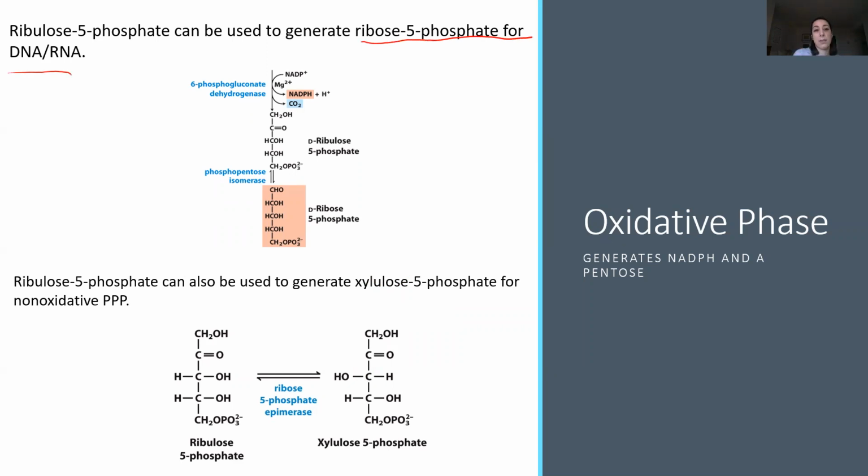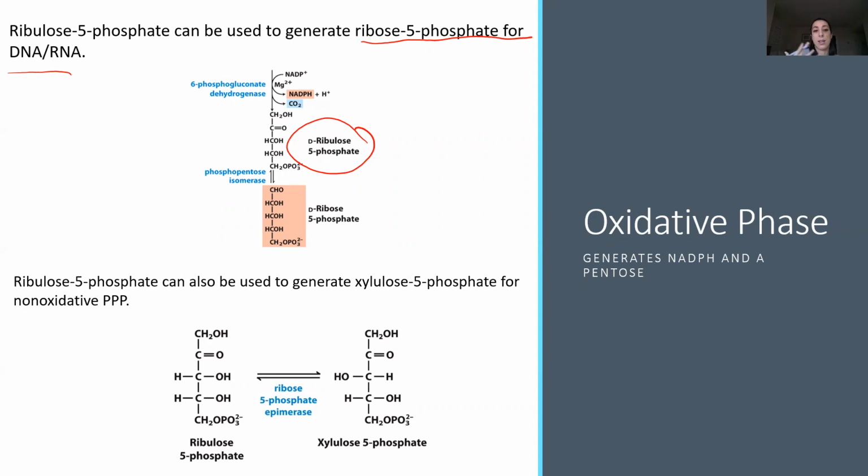At this point of the pathway, you have a choice. Once you get to the ribulose 5-phosphate, you can say, okay, I need ribose 5-phosphate for DNA and RNA. This step is reversible. You can go back and forth between this ribose 5-phosphate back to the ribulose. Or ribulose 5-phosphate can be used to generate another molecule, which is xylulose 5-phosphate.